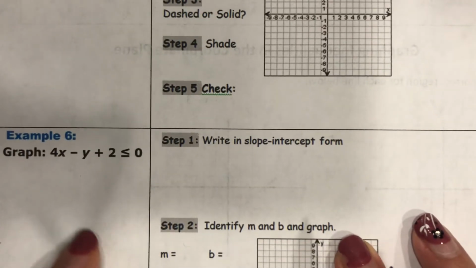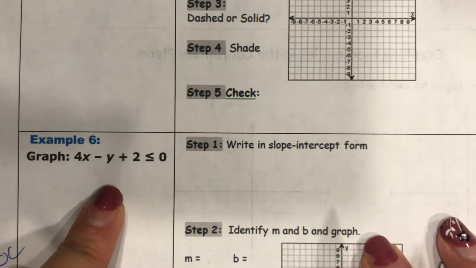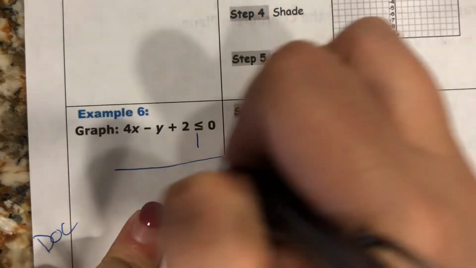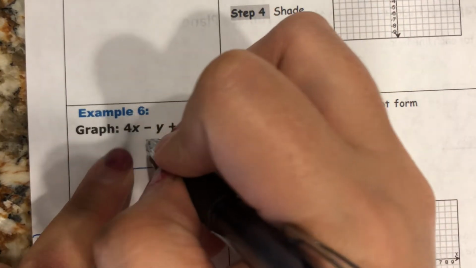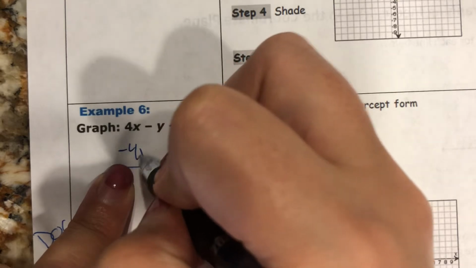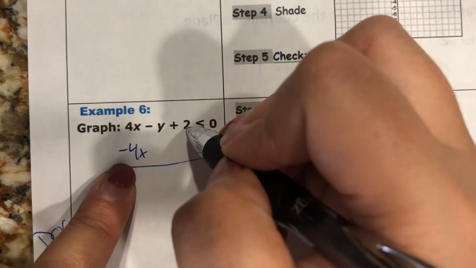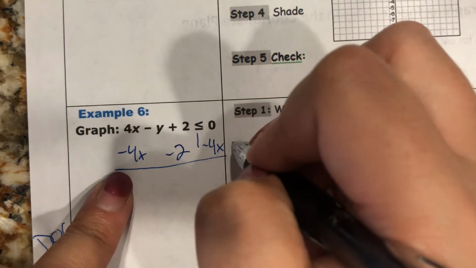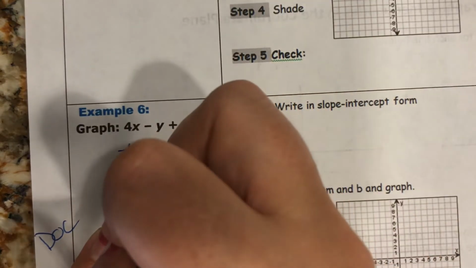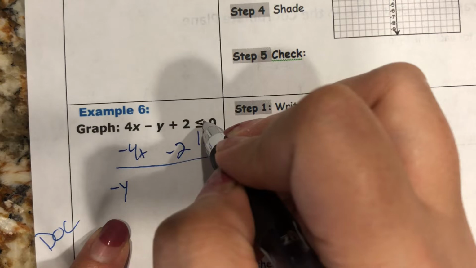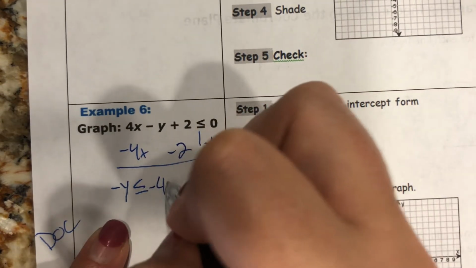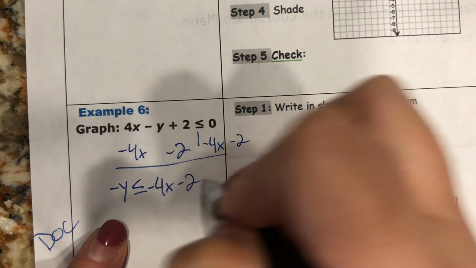So let's look at example 6. Is this in slope-intercept form? No. So let's get rid of stuff. So does this need to be here? No. So subtract 4x. This is fine. This needs to move. So subtract 2. It needs to go to this side. So I get negative y is less than or equal to negative 4x minus 2.